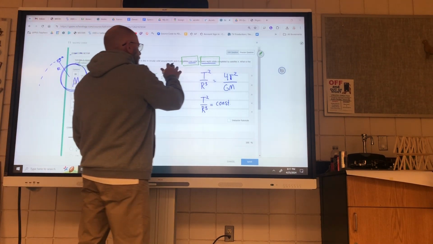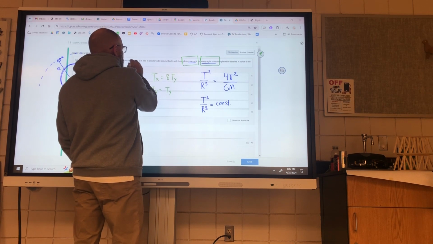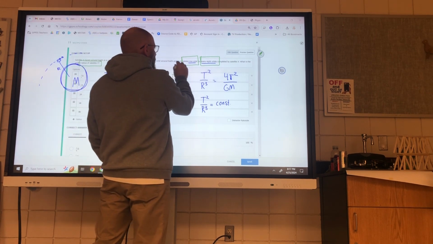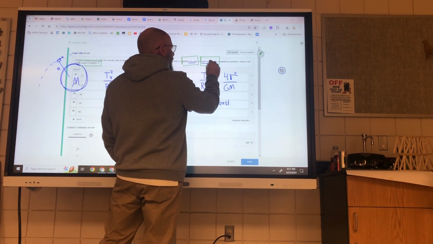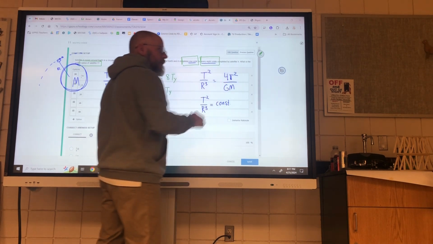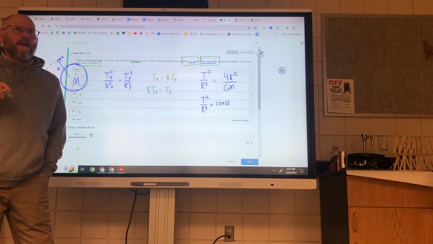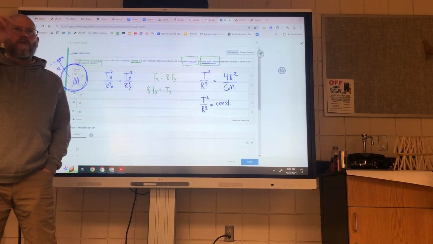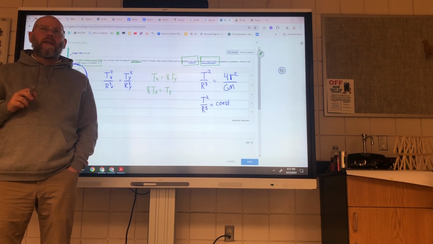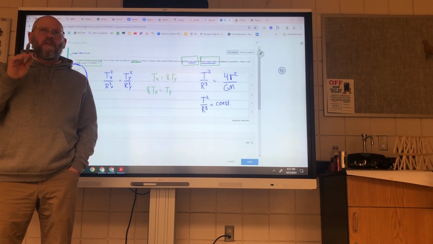Okay, so satellite Y is in circular orbit and completes 1 orbit for every 8 done by X. So X does 8 in the time that Y does 1. So if X is doing 8 in the time that Y does 1, it seems to me that X's period is smaller.